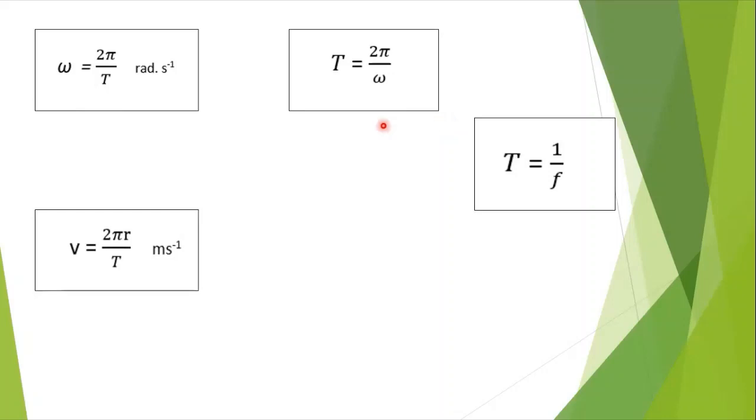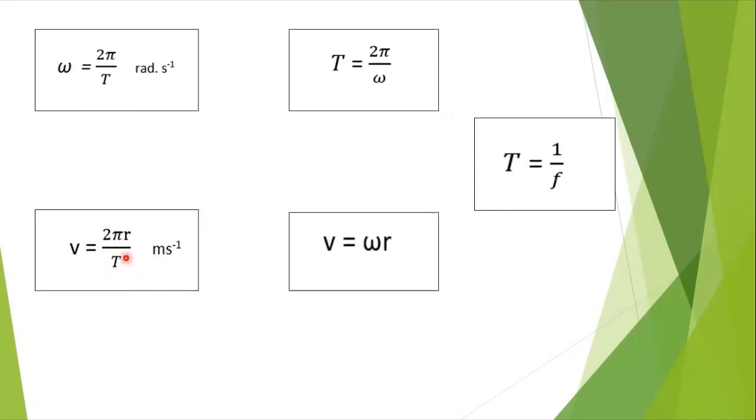Now, in terms of linear speed, v is the linear speed in meters per second, and if this object is completing one circle in a periodic time T, it moves through the circumference, that's the linear distance, so it's 2 pi r meters over T seconds, and that's a useful expression to remember.